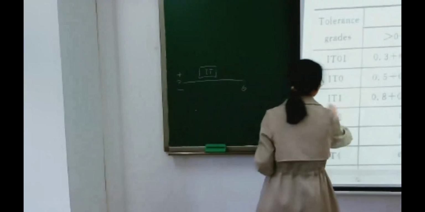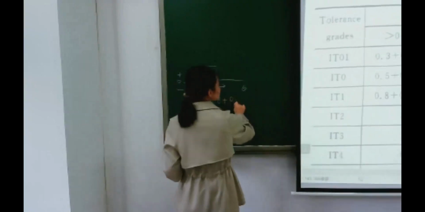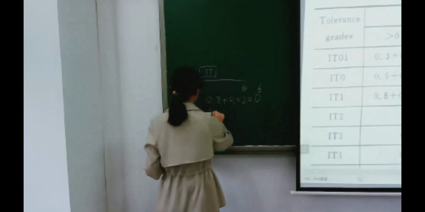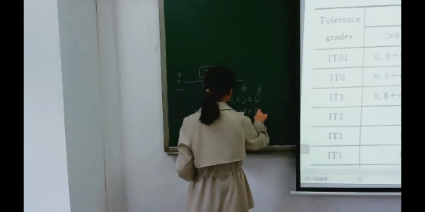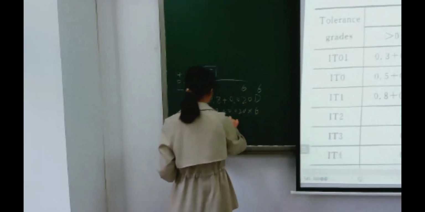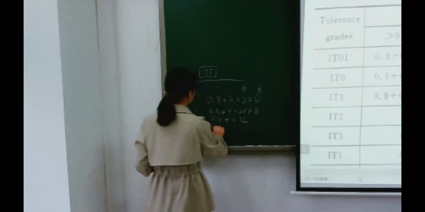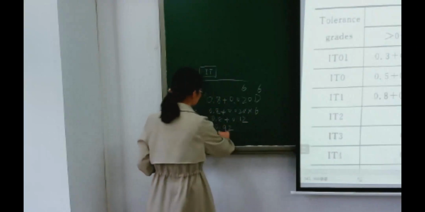Okay, so this is 6, 0.008 plus 0.0022 times 6. Right?